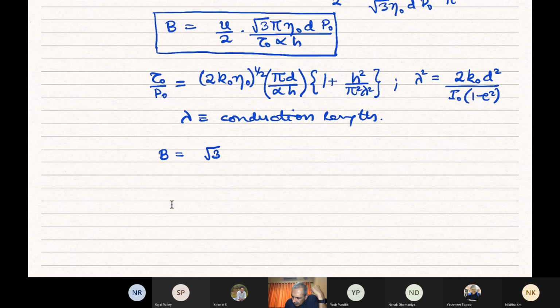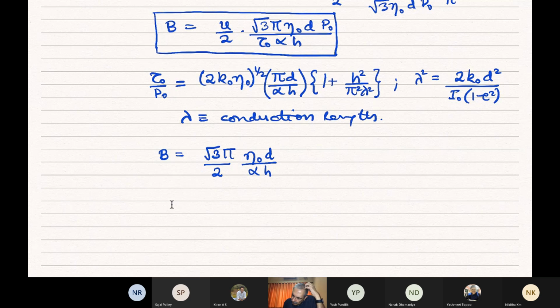I can just write this as root 3 pi by 2 into eta 0 d divided by alpha h.